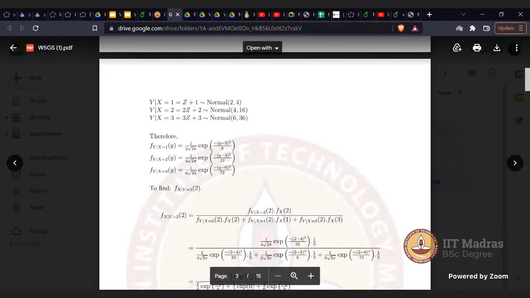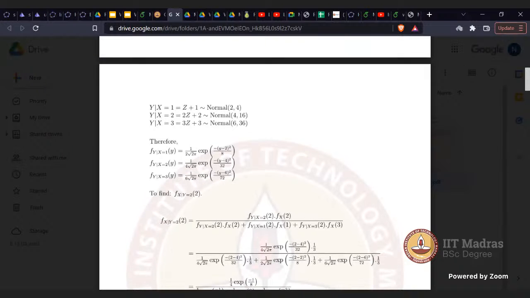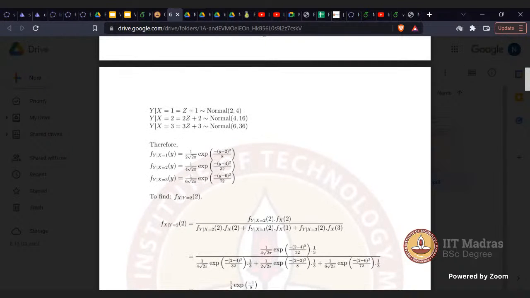What is the doubt here? How to convert this? The normal is 1.